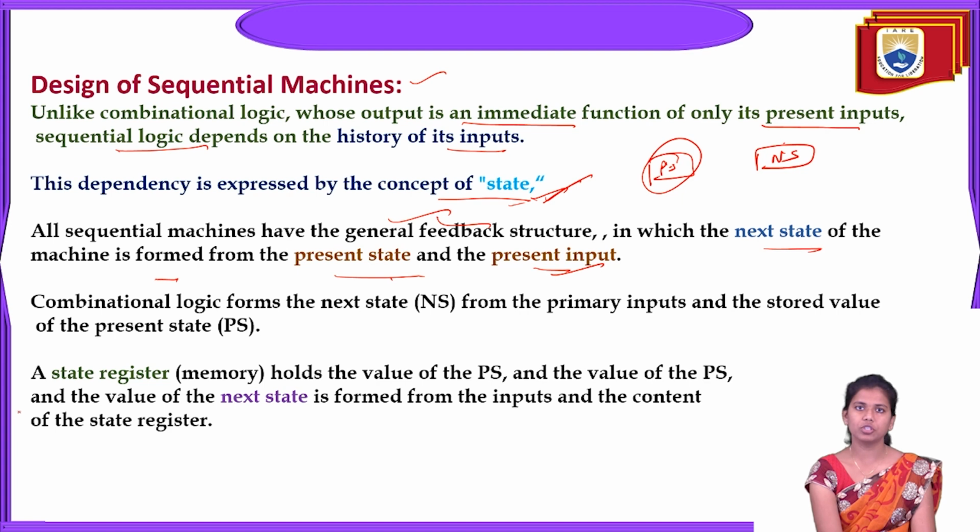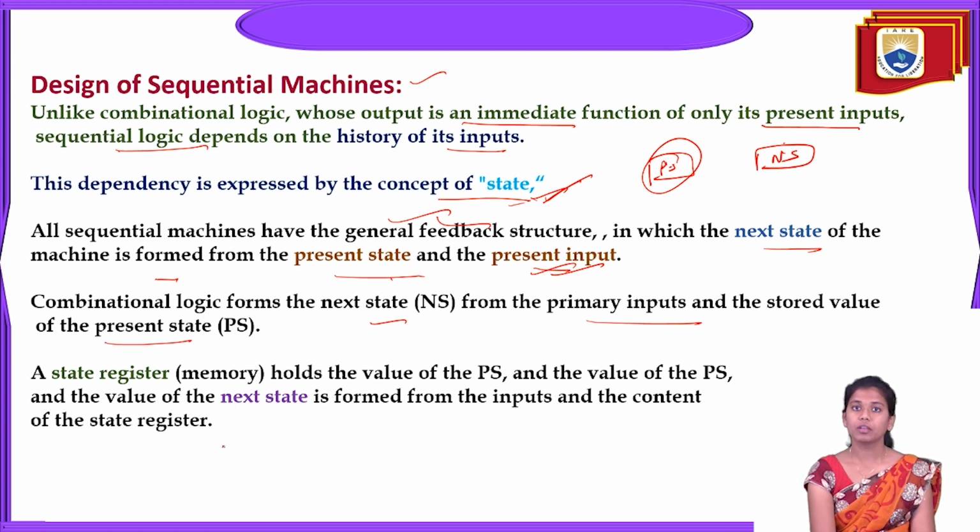All sequential machines have a feedback structure. In that feedback structure, you will come across the next state as well as the present state. The next state is formed based on the present state value and the present state input. The combinational logic forms the next state from the primary inputs and the stored present state.